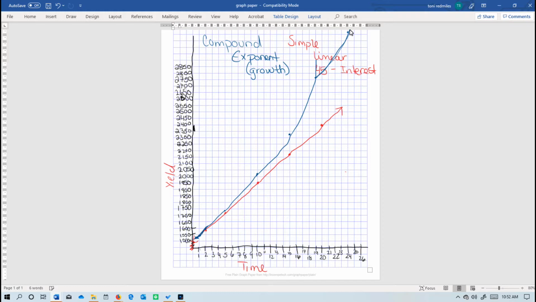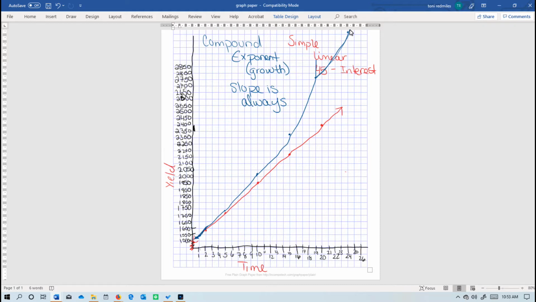But with a compound interest growth, exponential growth, we don't have a consistent slope. The slope is always changing. And that makes sense because our slope in these formulas, in the simple versus the compound, is the interest that we're earning on these accounts.